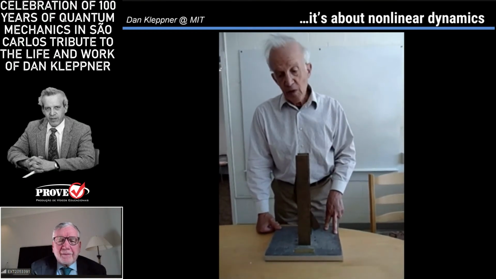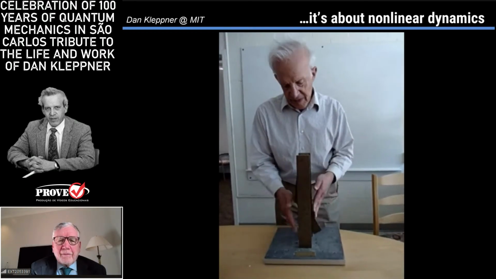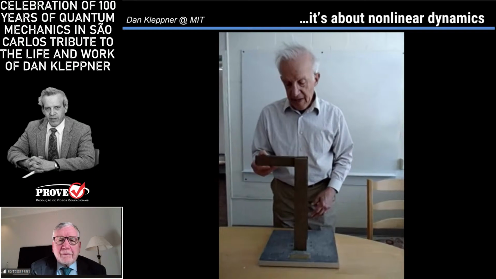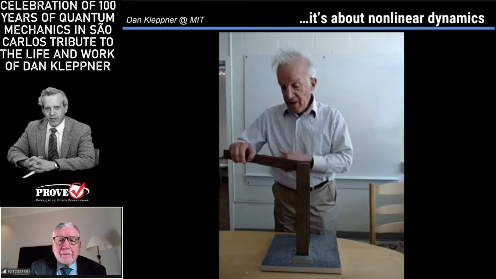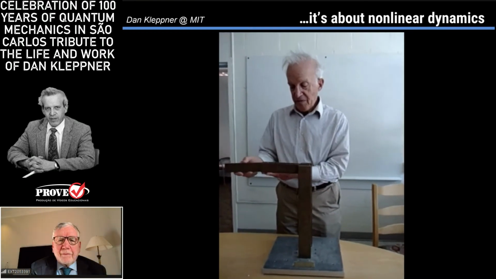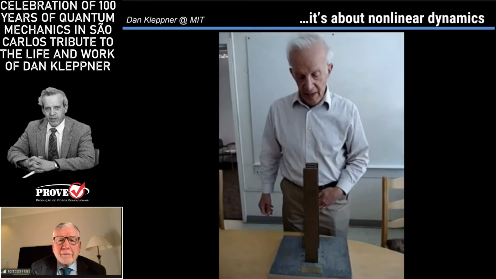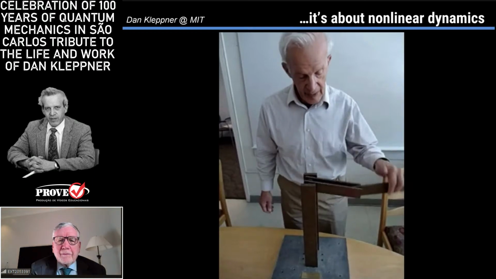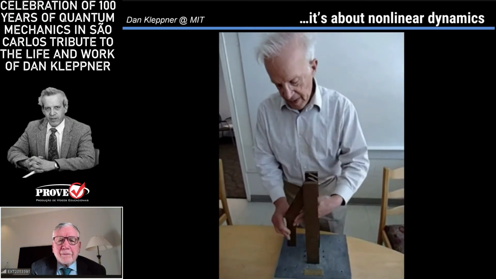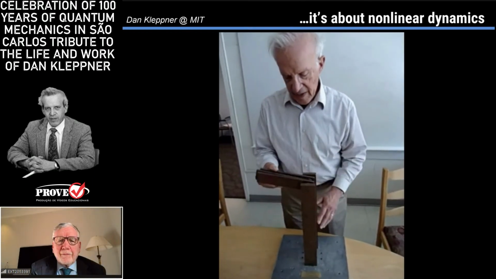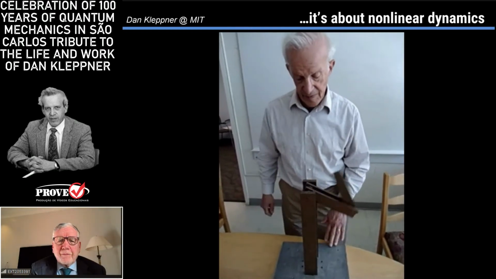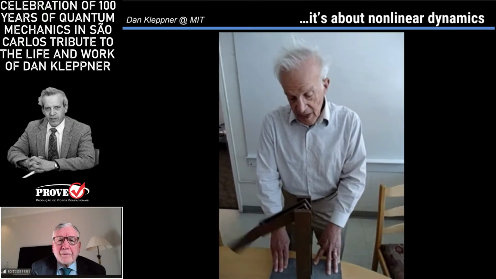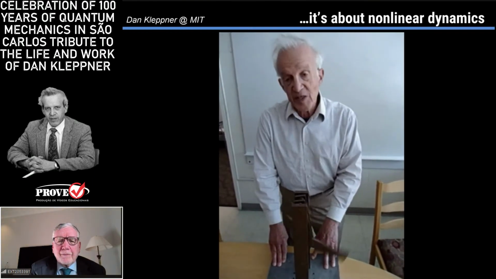So we can write the equations of motion. But what is a little bit unexpected is that if you start with a given energy, for instance, this amount of potential energy, the system can behave like that. But it can also behave like this. This is chaotic motion. You can write the equations of motion with Lagrangian mechanics, but you can't solve them.